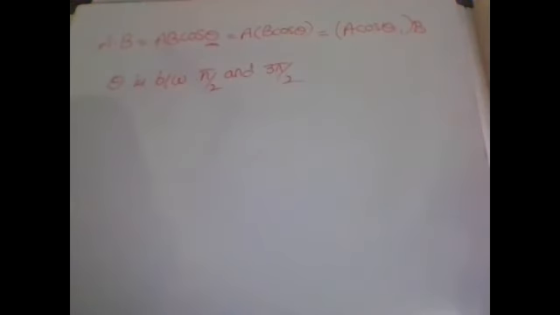So here we have the properties of the scalar product. We have some properties of the scalar product. First one, the scalar product satisfies the commutative law and the distributive law.